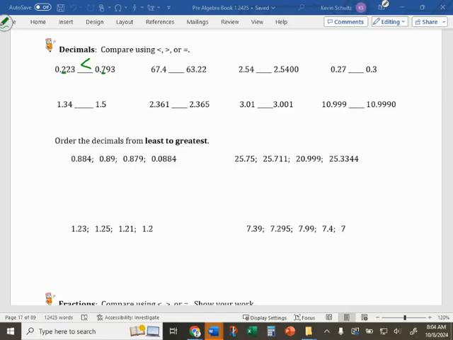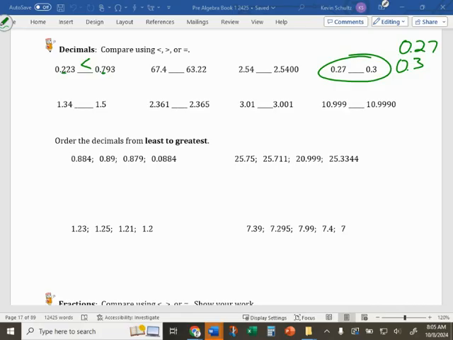Where they can get tricky is something like this, right? Because your brain wants to see 27 and see 3, and think that, oh, 27 is bigger than 3, so 0.27 is greater than 0.3. What's the problem with that, Layla? Yeah, so I like what's called the stacking method, where if you stack your decimals vertically, you notice that 0.27 goes out one number further.